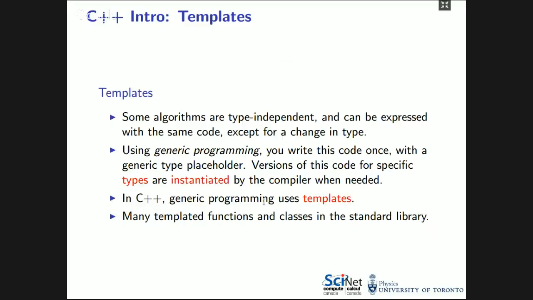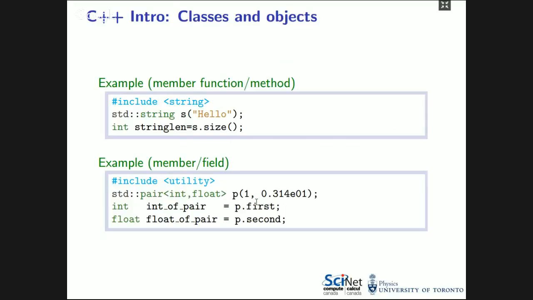Okay. And then I must mention this because I gave you this example with these funny square braces. So let's talk about that for a second. There's this nice class called pair. They can pair any two types. This can be useful sometimes if you want a function to return two things, say an integer and a float.